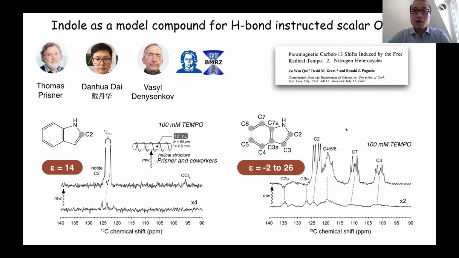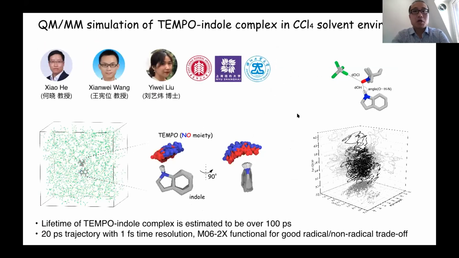The nice thing of this molecule is that the chemical interaction between indole and TEMPO radical is rather defined through a single binding site. So this encouraged Xiaohe's team to perform heroic QM/MM simulations of relatively long trajectory at high level.